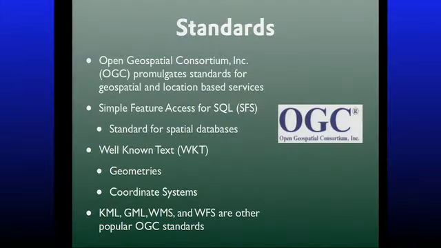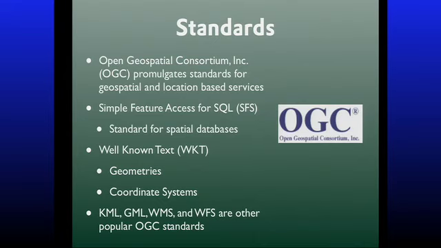Standards. The Open Geospatial Consortium gives standards for the interchange of spatial data. So they're kind of the big boys. And the standard that GeoDjango adheres to is the Simple Feature Access for SQL, also known as SFS. It's a standard for accessing spatial databases and performing queries on a spatial table. And part of that specifies how you represent geometries in a textual form, and that's known as well-known text.